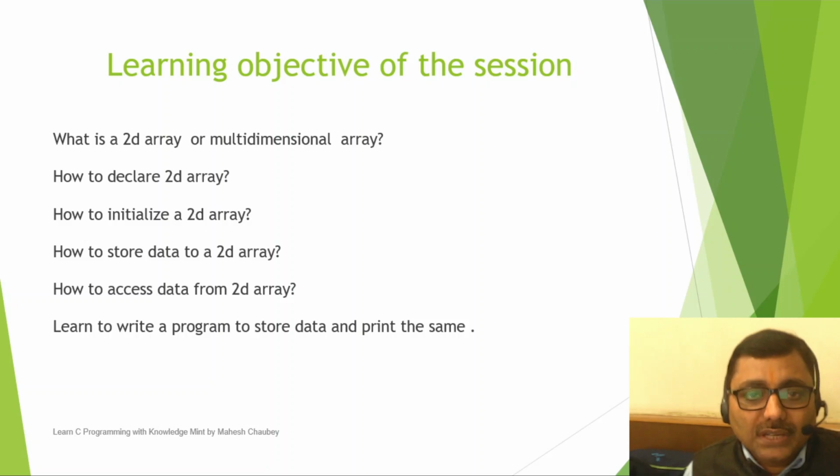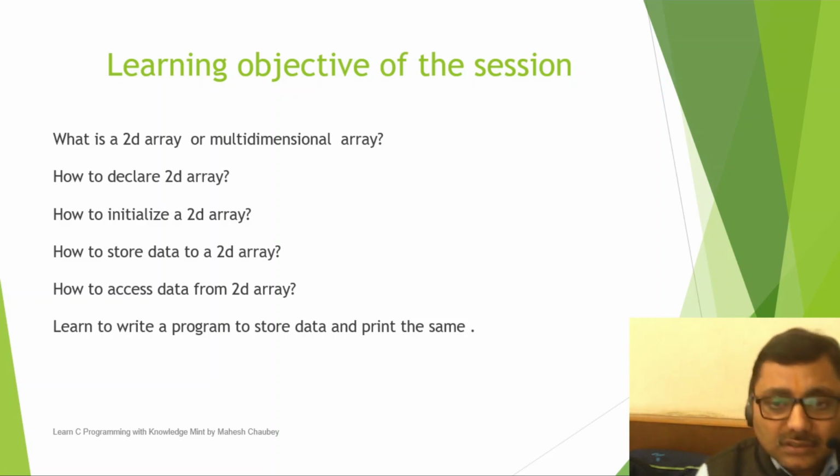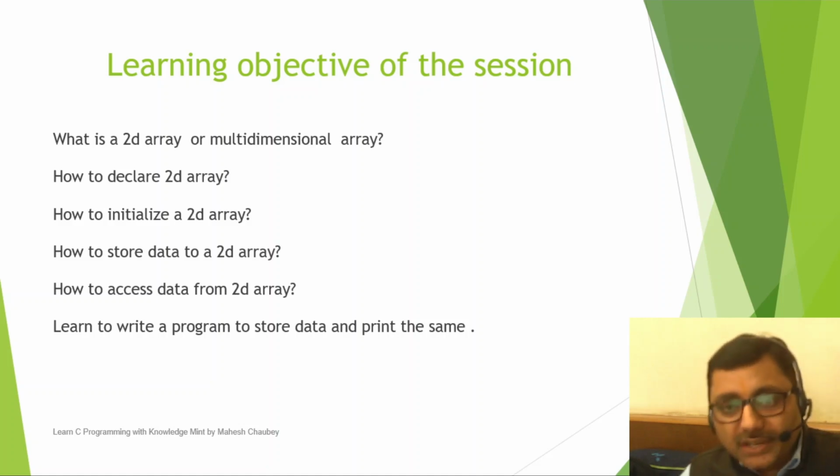We'll learn how to declare a 2D array and how to initialize a 2D array, how to store data to a 2D array, and how to access data from a 2D array, and then finally we'll learn to write a program which will store data in a 2D array and will print the same by fetching it.